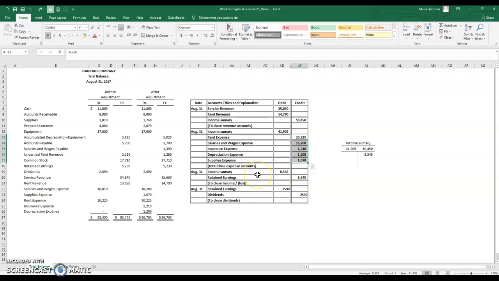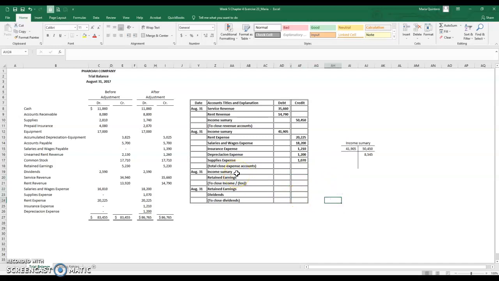The next step is to close out the income summary to retained earnings. But we don't know the amount of this account.